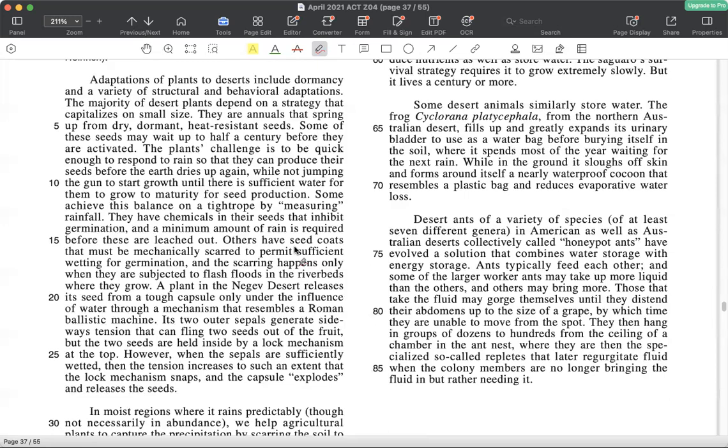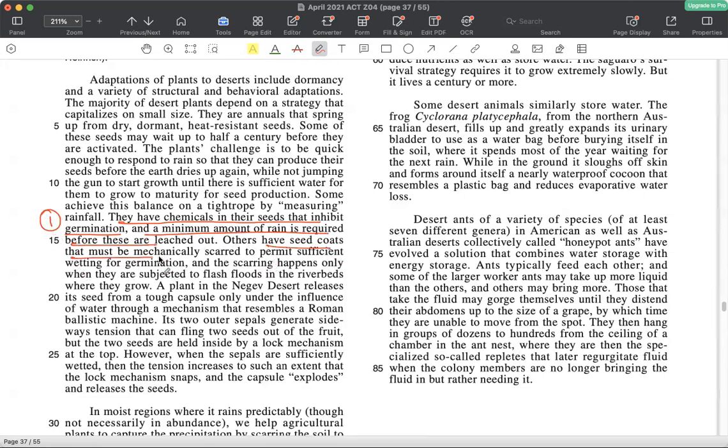Now, this paragraph describes three mechanisms by which the germination will not happen unless enough water is present. So if you're doing this under a test, you should make sure to annotate those three mechanisms. So the first is they have chemicals in their seeds that inhibit germination, and a minimum amount of rain is required, right? So there are chemicals that inhibit.